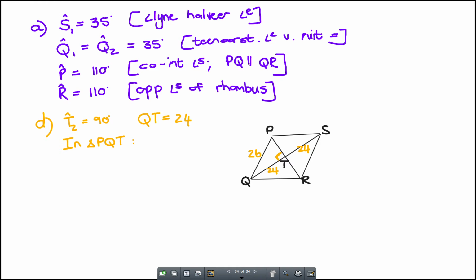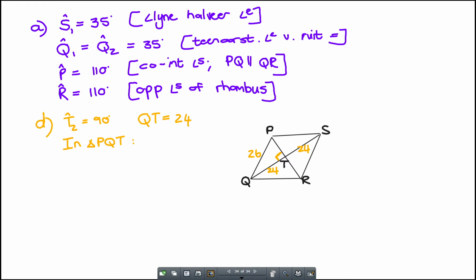And then P and R are opposite angles of a rhombus. So therefore they would be the same. En jou rede is dan net teenoorstaande hoeke, ja. Ja, perfect, ja. En dan het jy net by R weer gesê, hulle is dieselfde omdat hulle teenoor mekaar is. Perfect, ja. Any other questions?